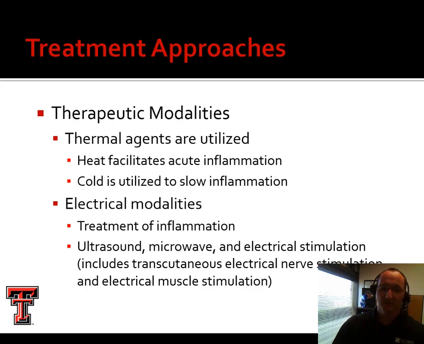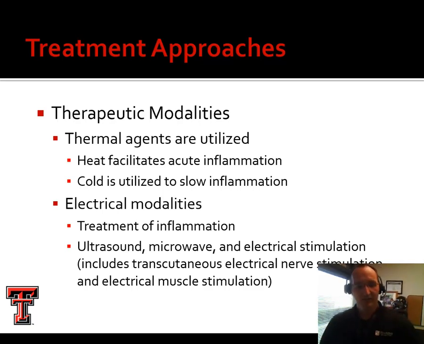We know that heat early on actually facilitates acute inflammation. Heat is a vasodilator, and if we've already got an area that's vasodilated and swollen, heat will actually make that worse. We also can use electrical modalities, electrical stim, therapeutic ultrasound, sometimes referred to as an acoustic modality depending on the textbook that you look at.